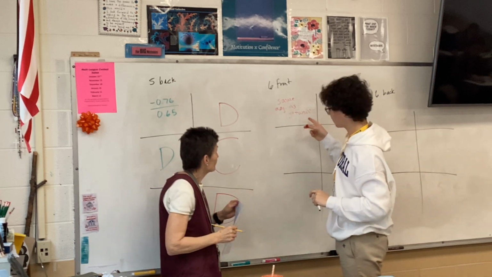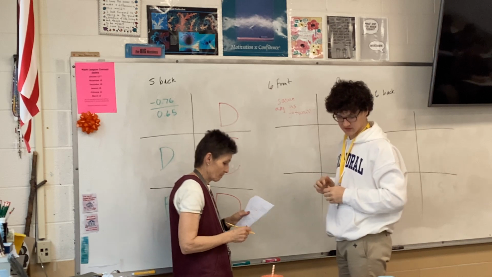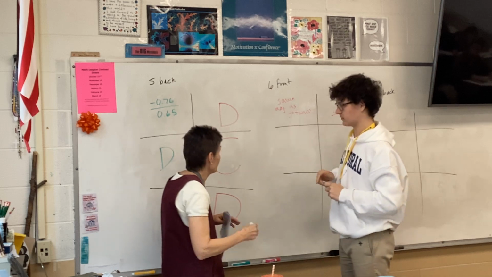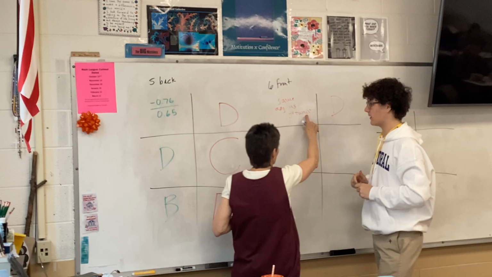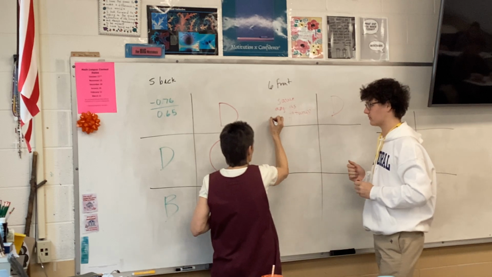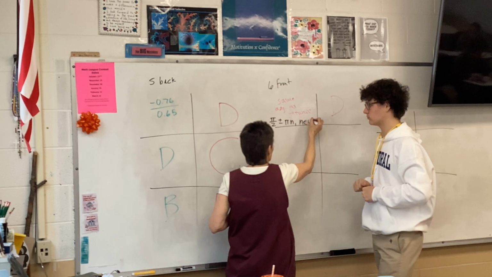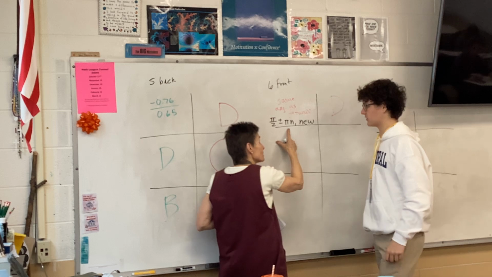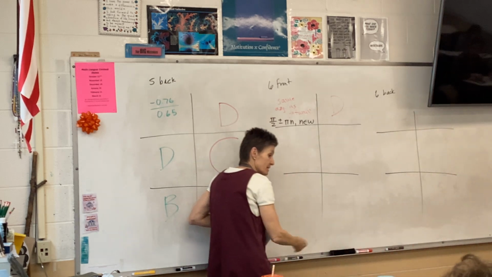Vertical asymptote, different midline and a different place where they intersect. Oh, you're saying that. So it goes one over. Yes, they're the same.